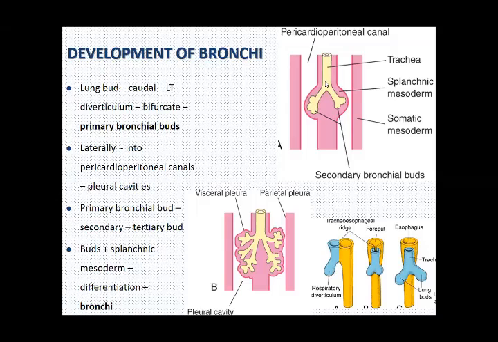Respiratory primordium भी foregut से develop हुआ है. ठीक है. So this is the developing trachea. This is the primary lung bud. This grows laterally, this grows caudally, and it grows into the pericardio-peritoneal canal.